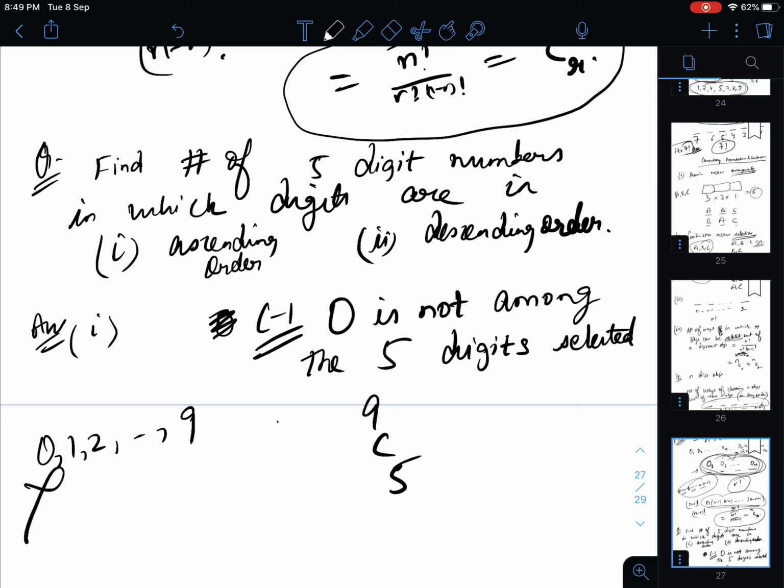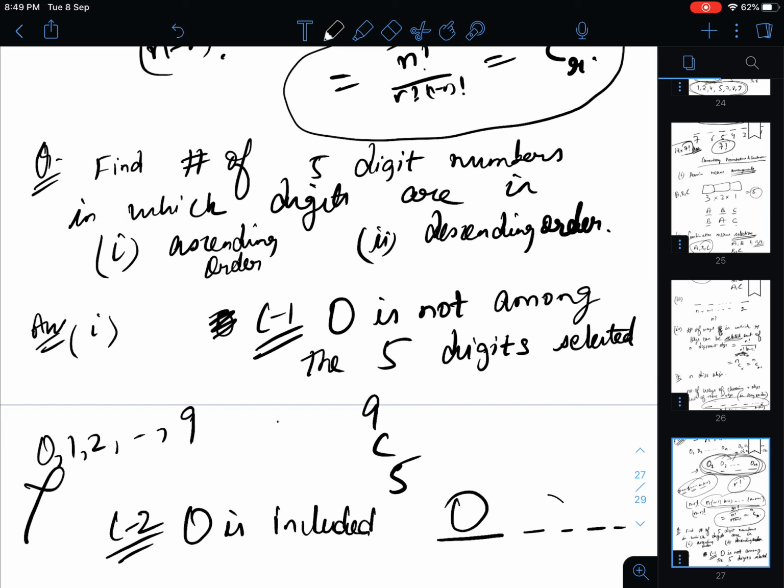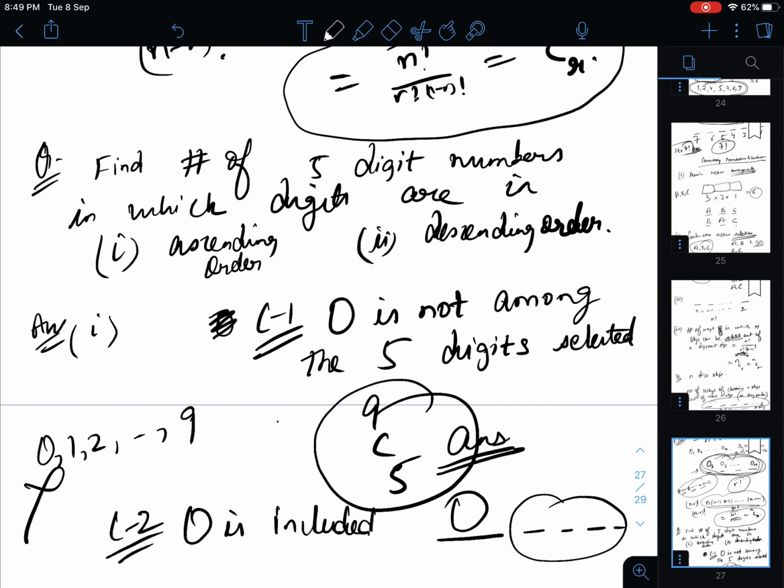Now case 2, if 0 is included, then no such 5-digit number is possible, because 0 must appear in the first place only. But if 0 appears at the first place, then the number formed is a 4-digit number. So no 5-digit number can be constructed if 0 is included. So 9C5 is your answer.